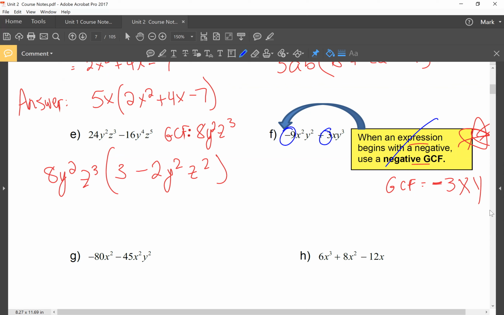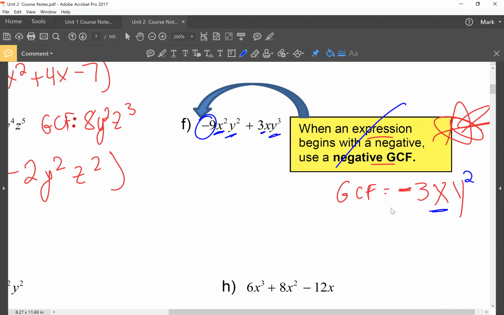And here I'm going to take away a -3, but this is going to cause an issue. I have 2 x's and 1 x, so I can only take away 1. I have 2 y's and 3 y's, so I could take away 2 y's. There we go. So now I'm going to remove this term.